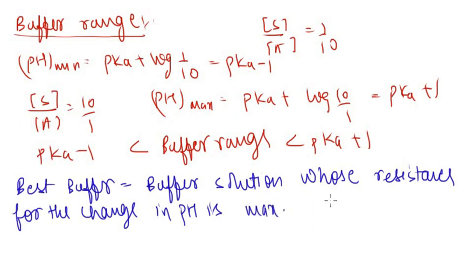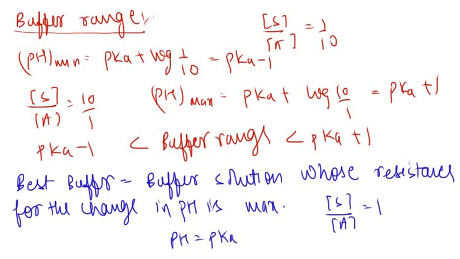So the resistance to change is maximum when salt upon acid should be 1. So pH equals pKa. So its resistance to change is maximum, so it will maximize the resistance to change of the pH.